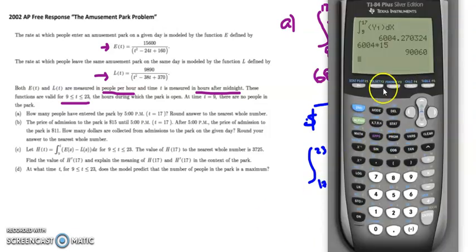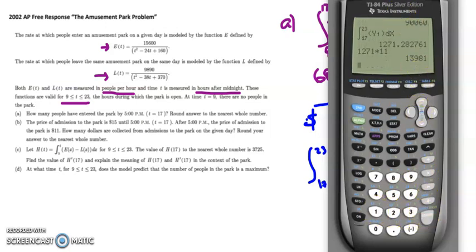Go back to my calculator, and I think I can go up and grab this and bring it in, and then I'm just going to go back over to my limits, change them to be 17 and 23. And I hit the enter button, and I have 1,271 people coming on the hours from 5 p.m. to 11 p.m. So 1,271 people now times $11.